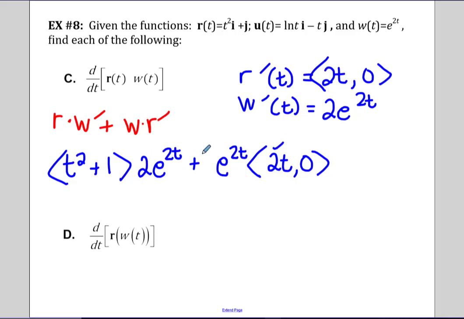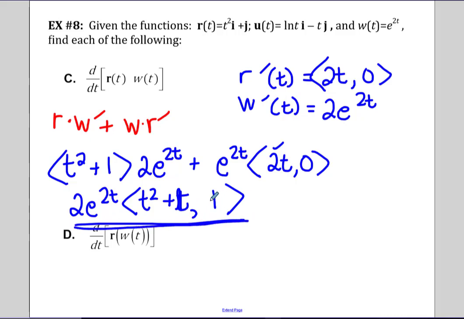So we've got 2e to the 2t and t squared plus t for the x component, and then that 2t is a 1, and then the 0. Okay, so 2e to the 2t and t squared plus t for our x component and 1 for our y component.